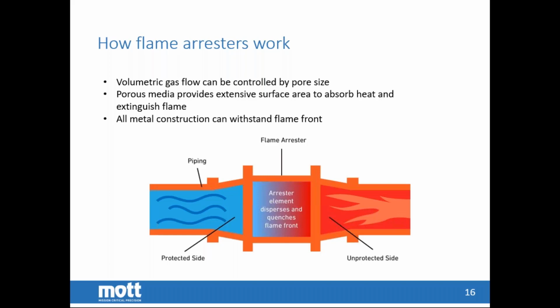Basically, because the porous metal is metal, it has high heat conductivity, and that quenches the flame front so that it does not go out of the enclosure but stays within it and protects whatever may be in the environment of the detector.